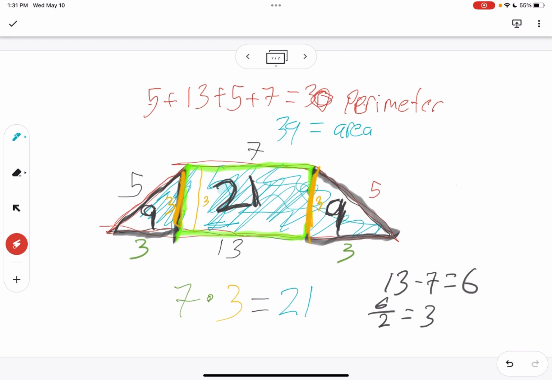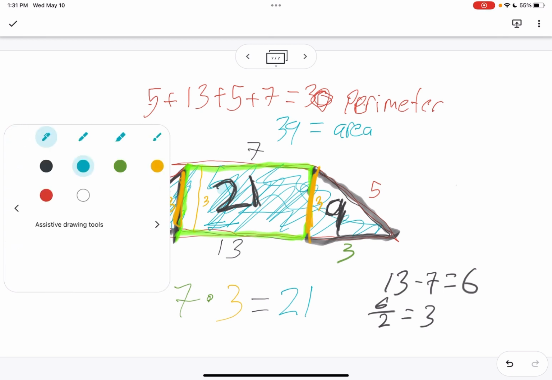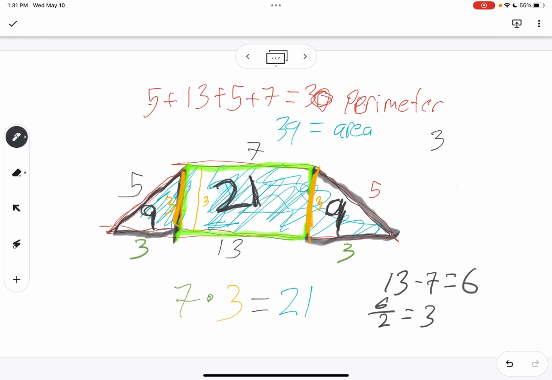Okay, so now we need to figure out the area of these triangles, okay? So we're going to take base times height. So the base is 3. The height is 3. So base times height is 3 times 3 equals 9.